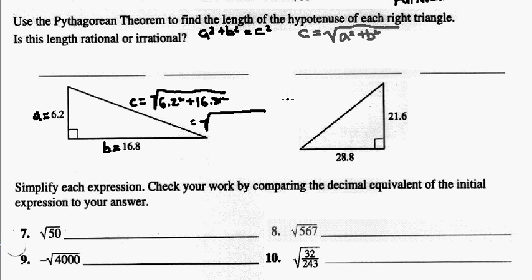So if I go 6.2 squared plus 16.8 squared, I wind up getting 320.68.